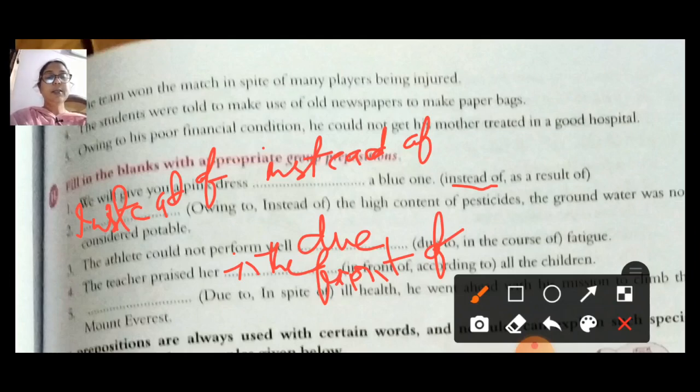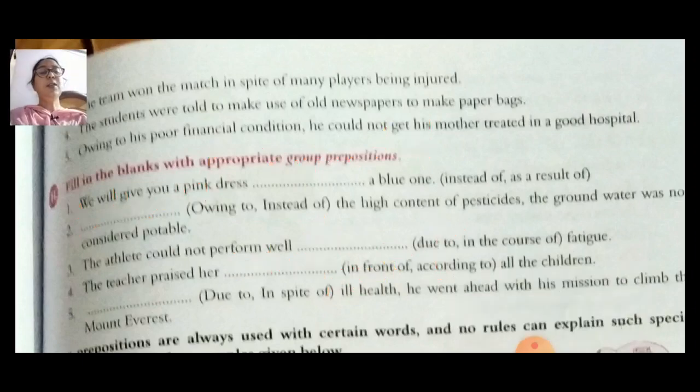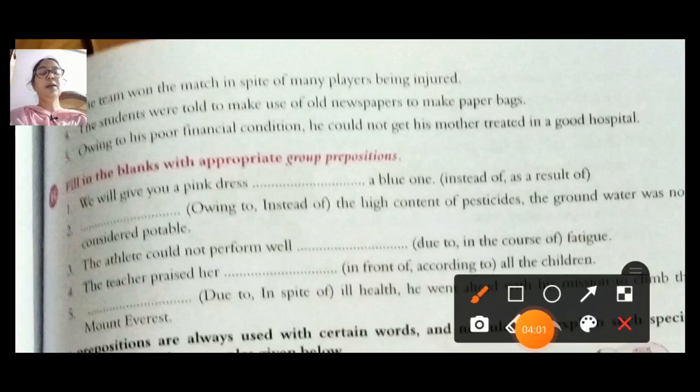Now next, dash ill health, he went ahead with his mission to climb Mount Everest. So in spite of, we are going to write over here in spite of.